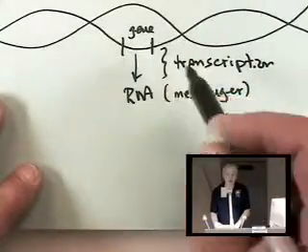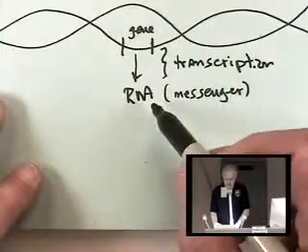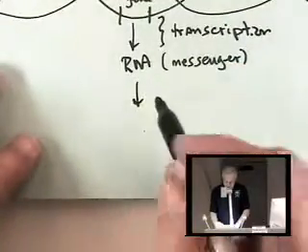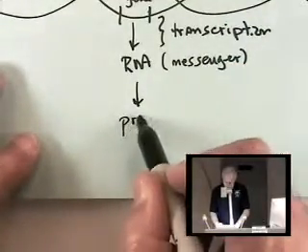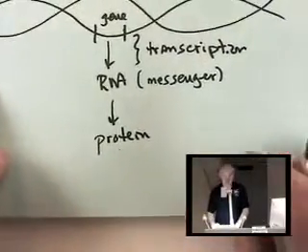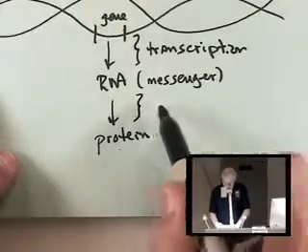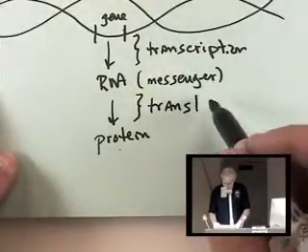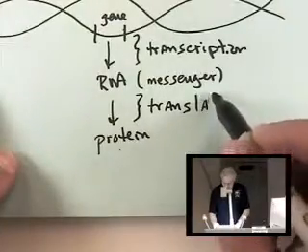So you have a code, you hire somebody who can transcribe that into an intermediate message, and then that message can be used to generate something that the general population can understand, and you hire a translator for that part. So the process from RNA to protein is translation.